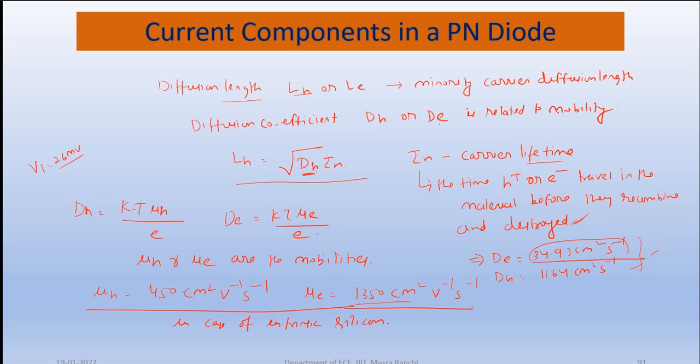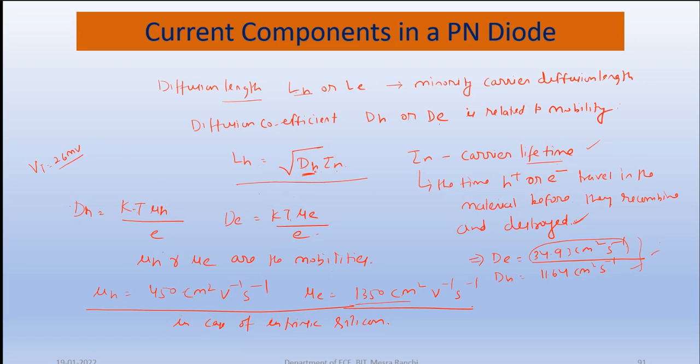So the diffusion length says how far it can move away from the junction before getting destroyed.